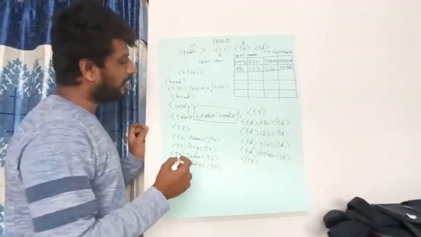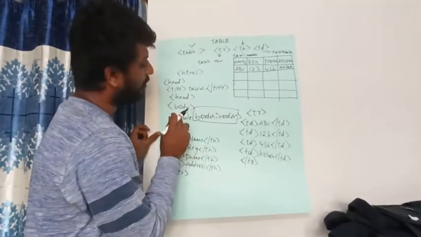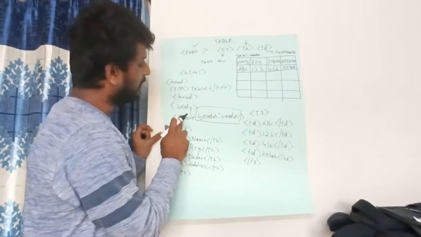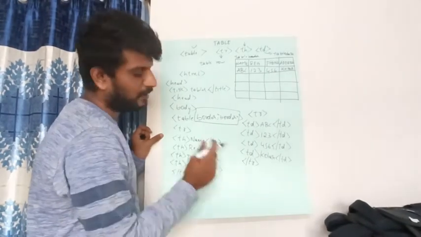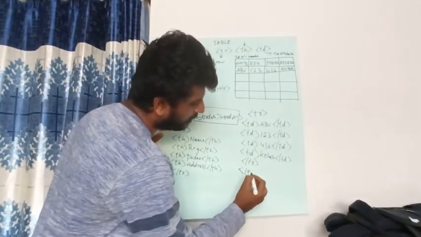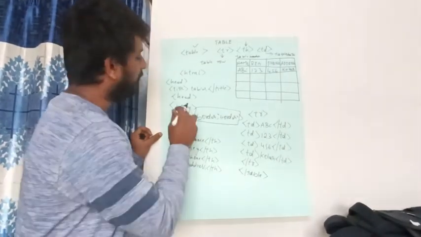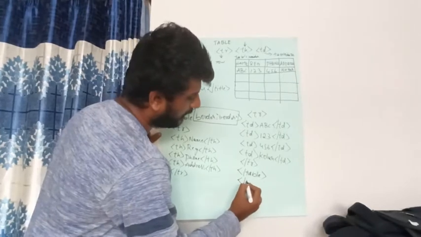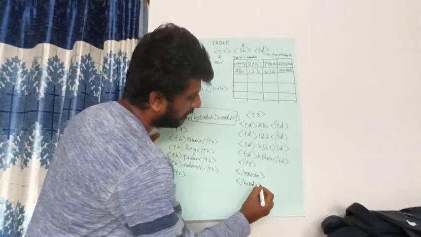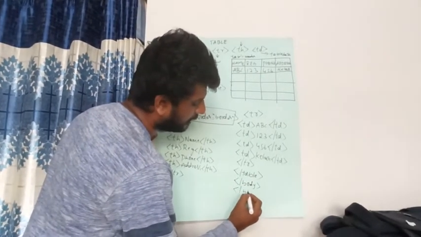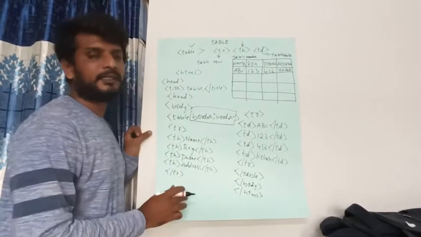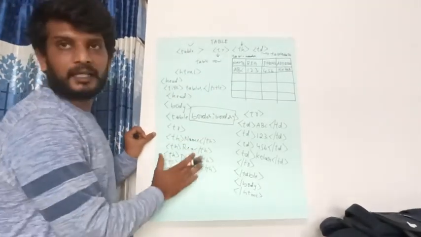Next, after doing this, I have to close the table. Here the table tag was opened, so I am closing the table tag. After that, you need to close the body tag, and then close the HTML. So this is how exactly you create a table.